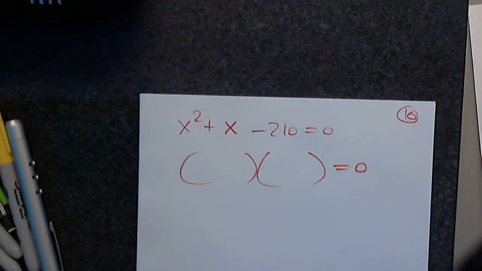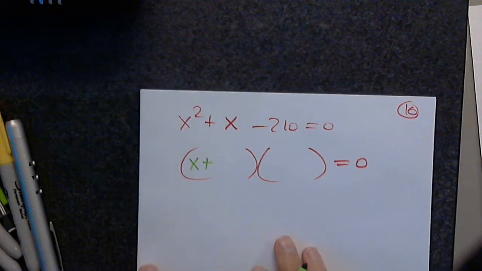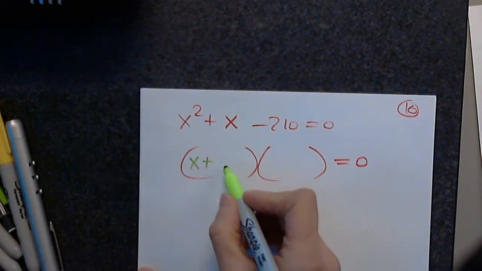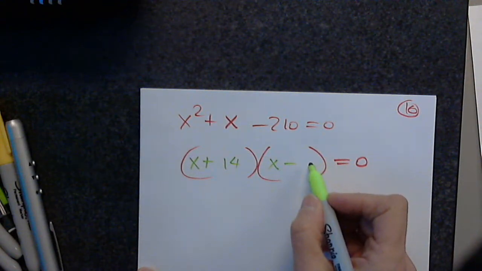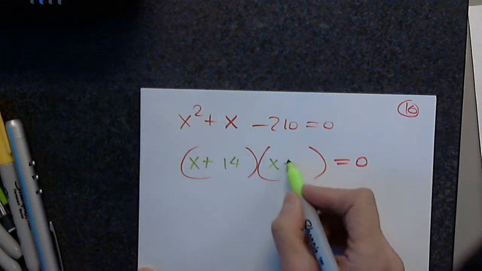It's in descending order, no greatest common factor, no negative leading coefficient, no special product, but 1 is the leading coefficient. So that must count for something. So x plus 15, x minus 14, shouldn't it?